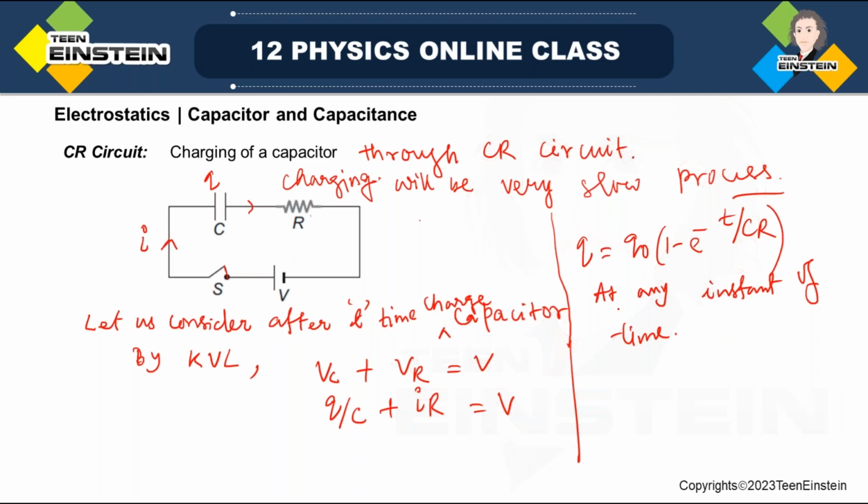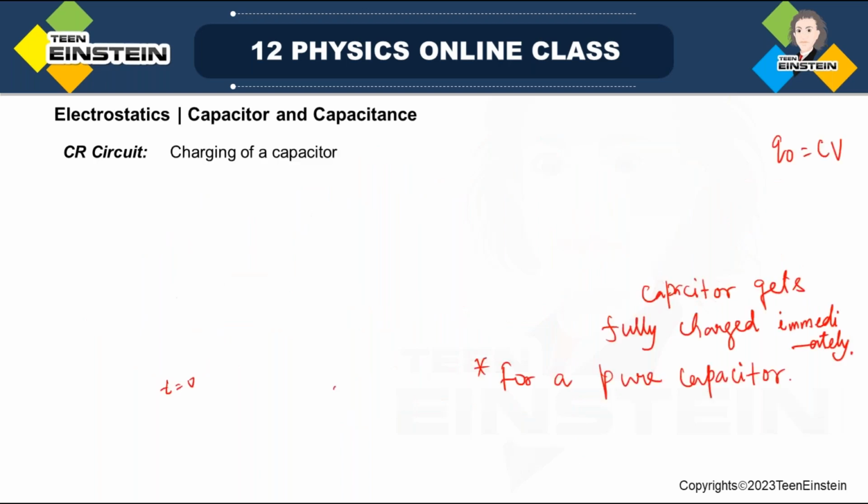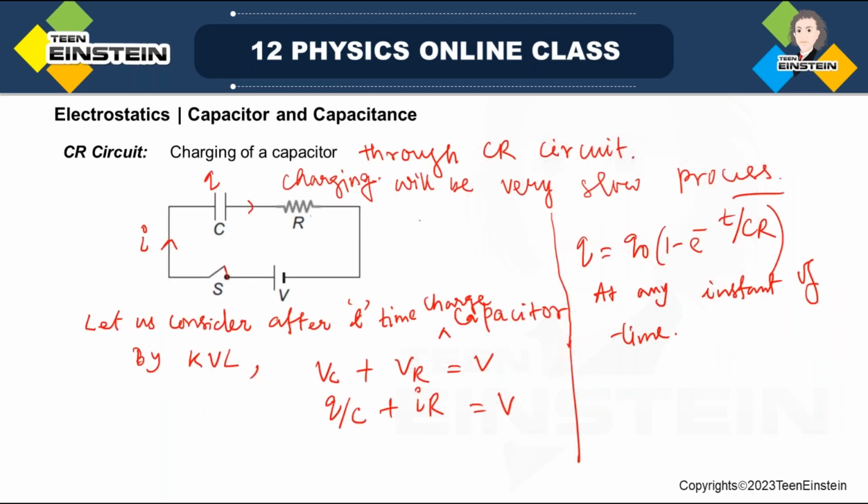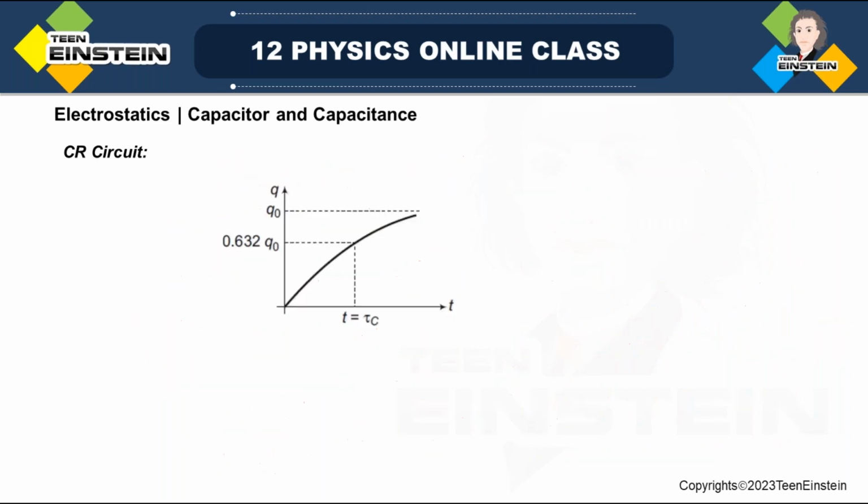So what you see, in the beginning we had seen that it did not take a long time to charge the capacitor. It was taking a very short time, almost immediately. But in this case, look at this equation: Q is equal to Q0 whole into 1 minus e to the power minus T by CR.